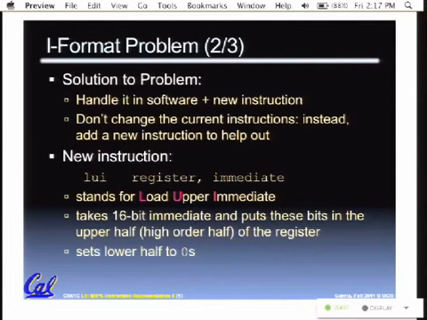So let's say you wanted to store 0xFFFFAAAA into one of your registers. What would the first instruction have as its immediate? Yeah, all Fs. And your second one would have all As, right? So your first instruction will be load upper immediate, and the immediate will be all Fs, and the second one will be OR immediate with all As.